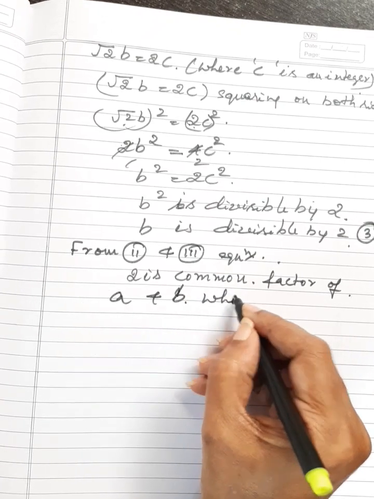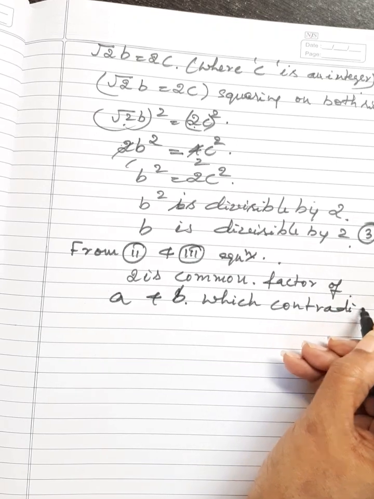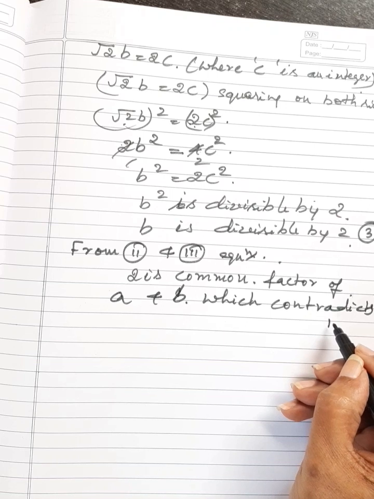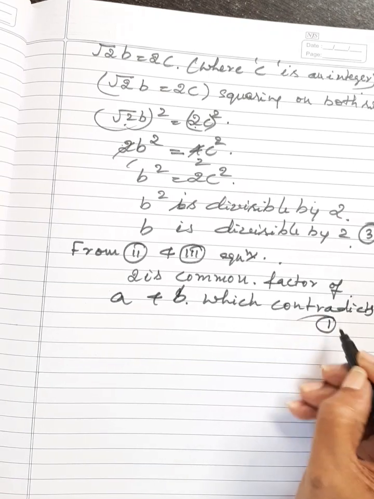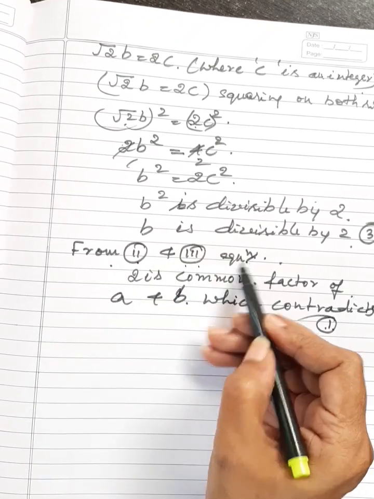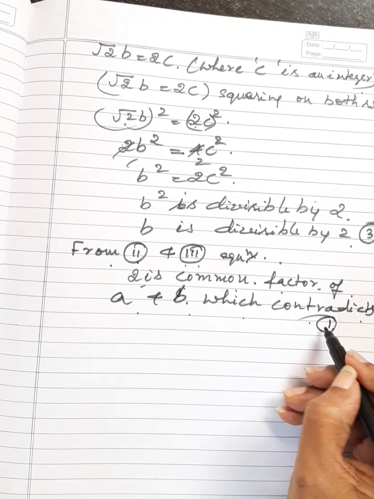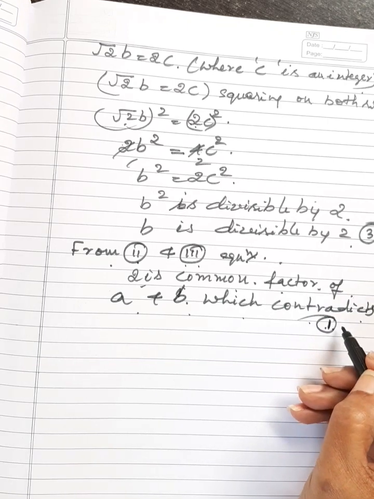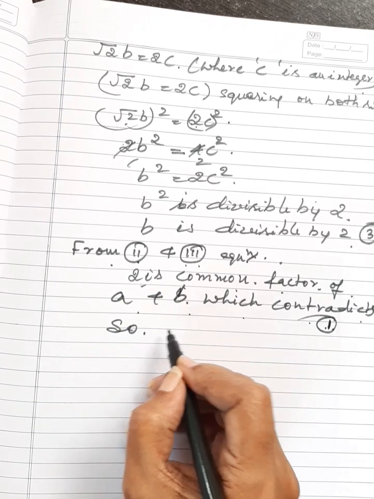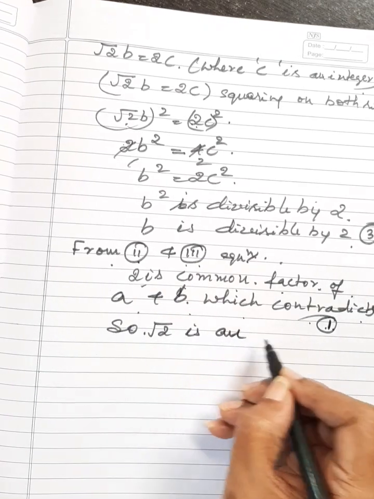Which contradicts equation 1. So from second equation and third equation, 2 is a common factor of A and B, which contradicts equation 1. Okay. So root 2 is an irrational number.